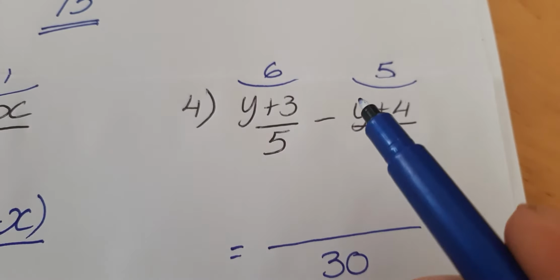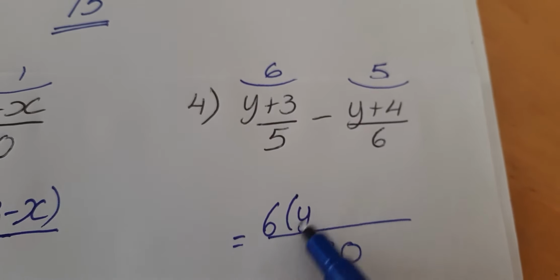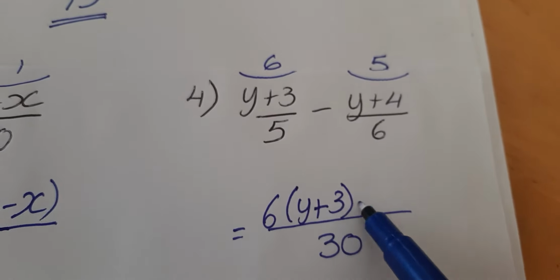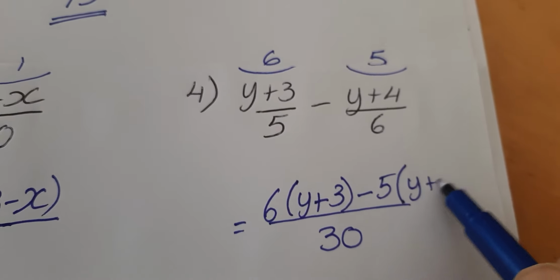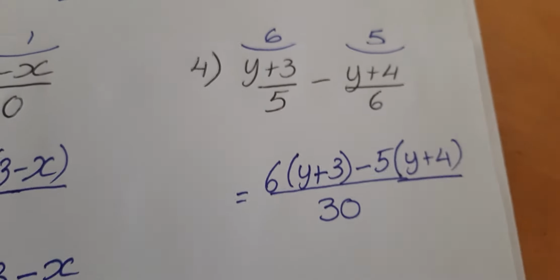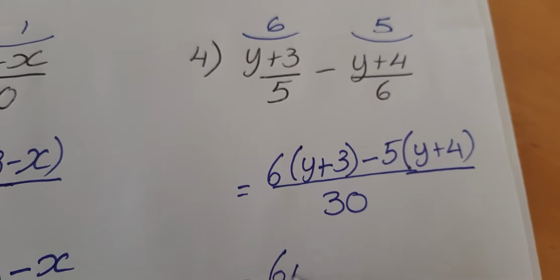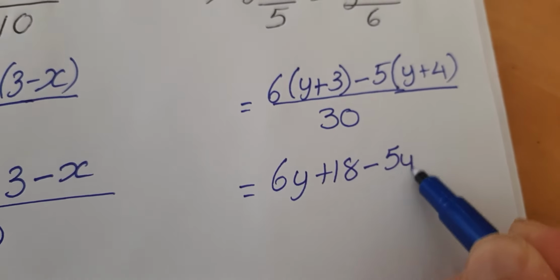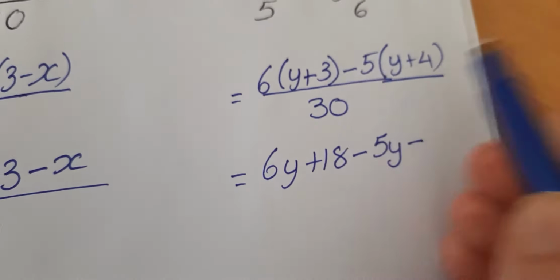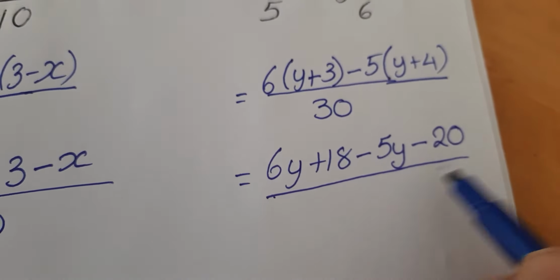We now multiply. 6 bracket y plus 3, minus 5 bracket y plus 4. So 5 times y plus 4. We then multiply the brackets out. 6y plus 18 minus 5y minus 5 times 4 is 20, over 30.